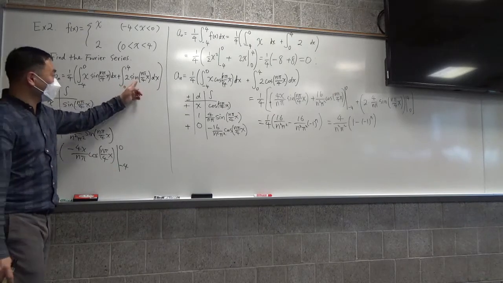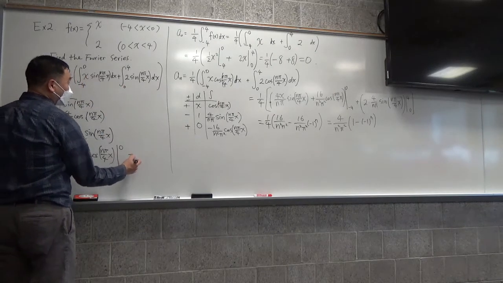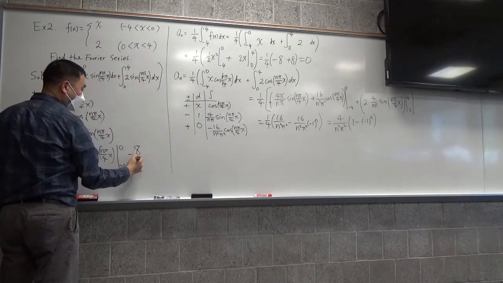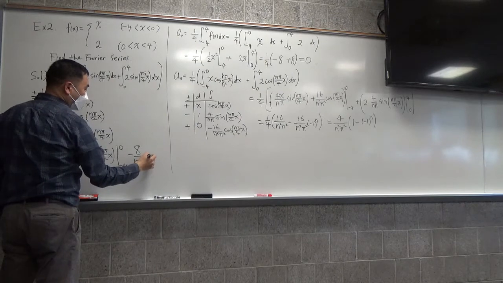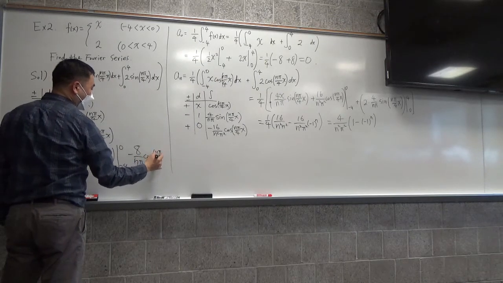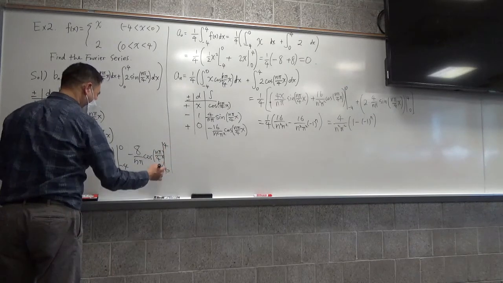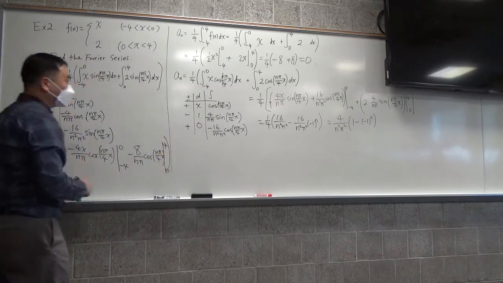On the other hand, when you integrate sine, that's negative cosine, but with 4 over n pi times 2, so that's 8 over n pi cosine n pi over 4x. And for this one, you plug in 4 and 0. And the entire thing has to be multiplied by 1/2.